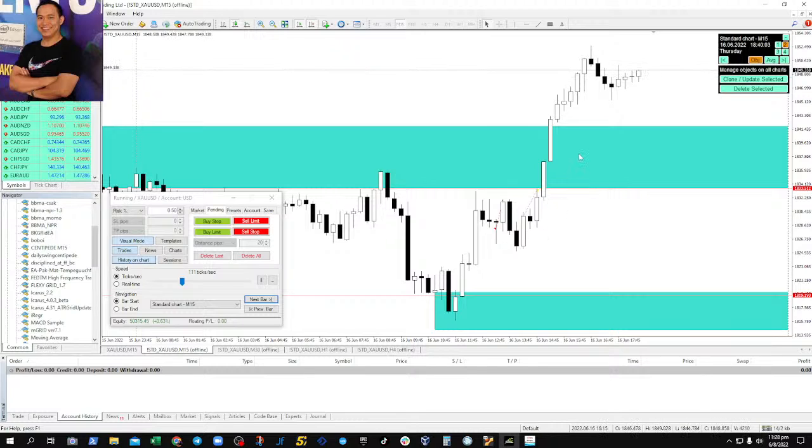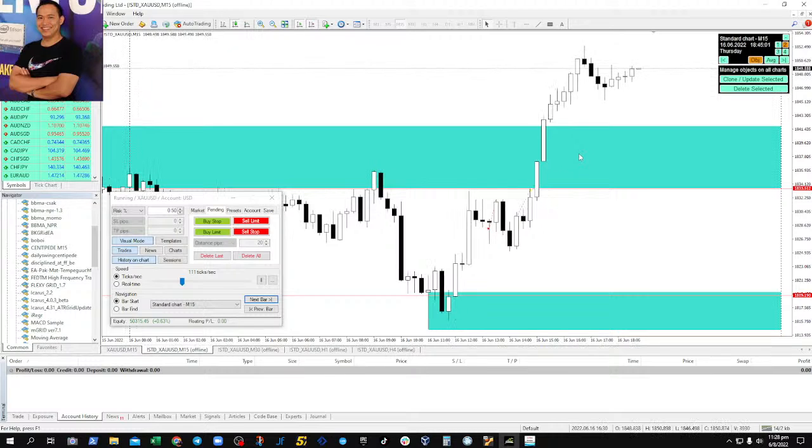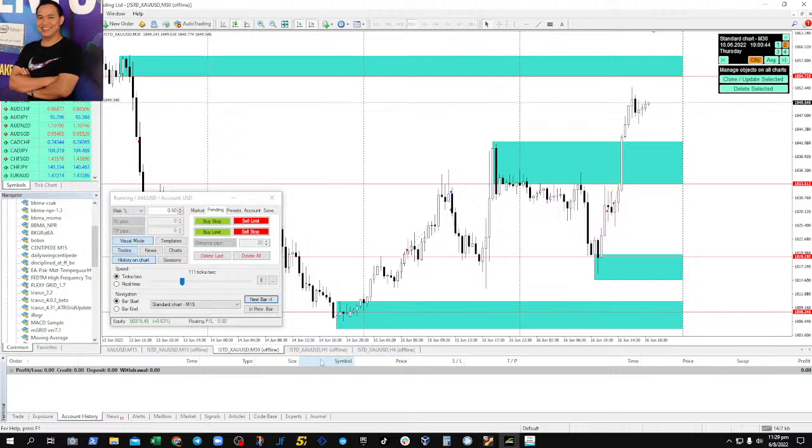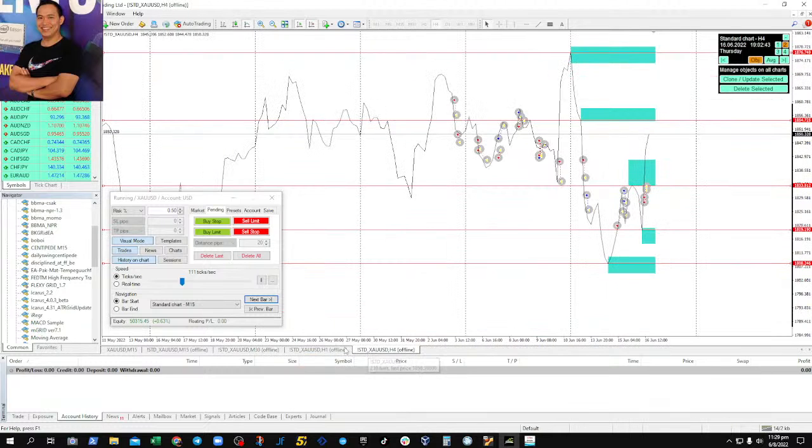20 pips now. Looking at M30, it's a no. Oh man, it keeps making this kind of move, huh? Keeps making this kind of move, and it does go back bullish.